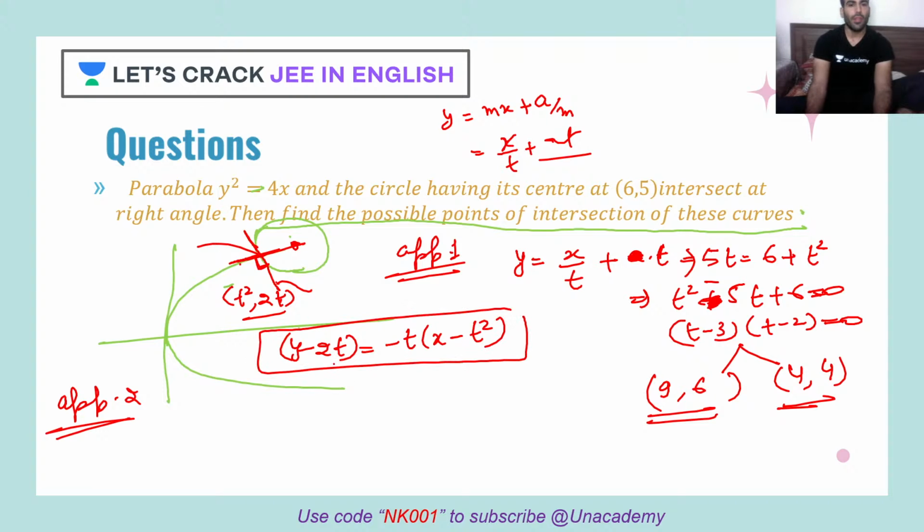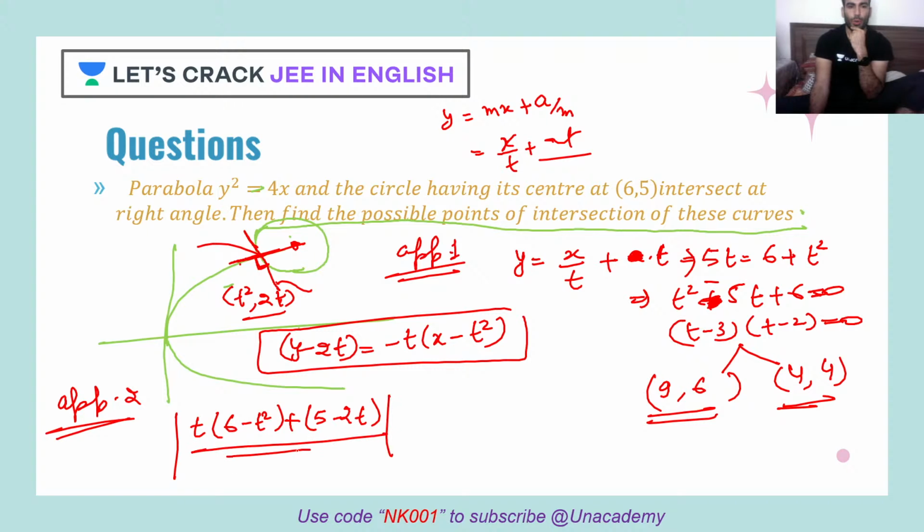Now this normal would work as a tangent to my circle. So on this normal, I dropped the perpendicular. When I was writing it, it was t(6 minus t square) plus (5 minus 2t), upon root of t square plus 1, is equal to the radius.